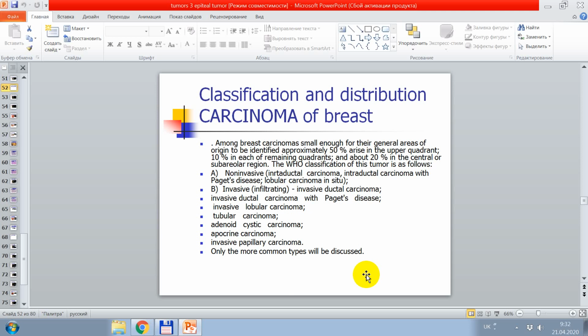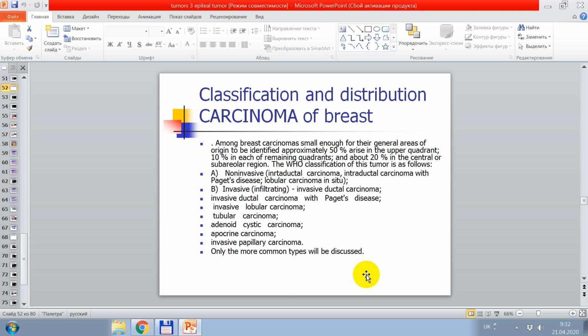The World Health Organization classification of this tumor is as follows. A. Non-invasive or intraductal carcinoma with Paget disease, lobular carcinoma in situ.